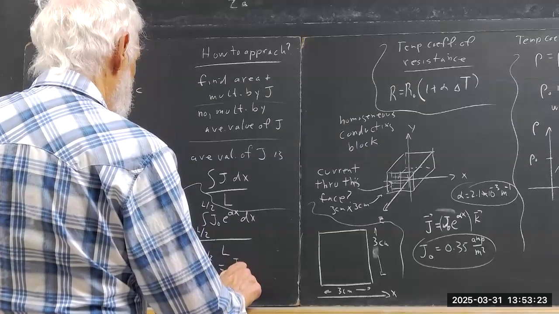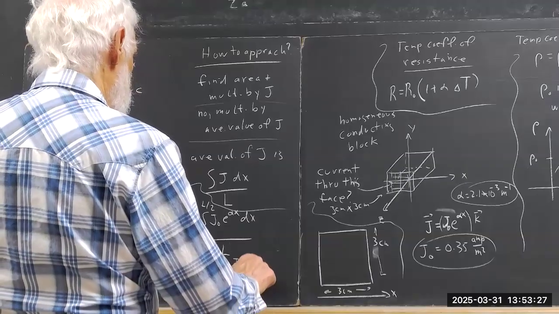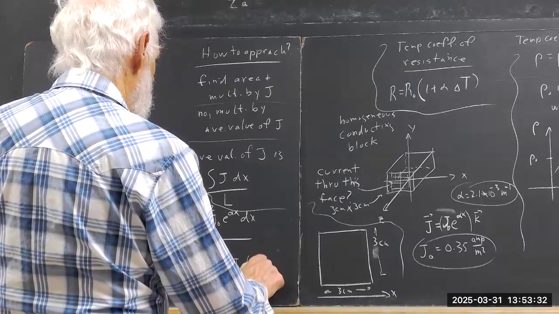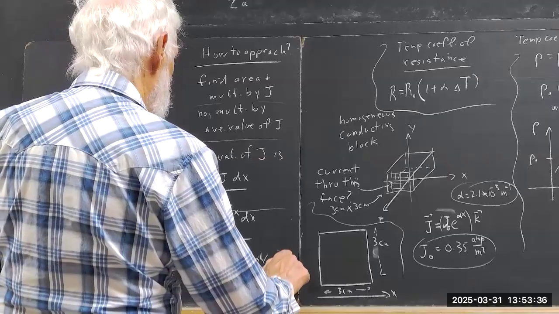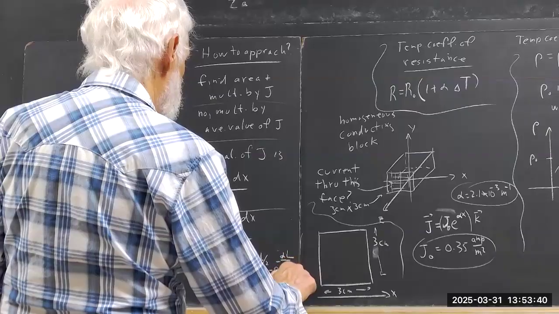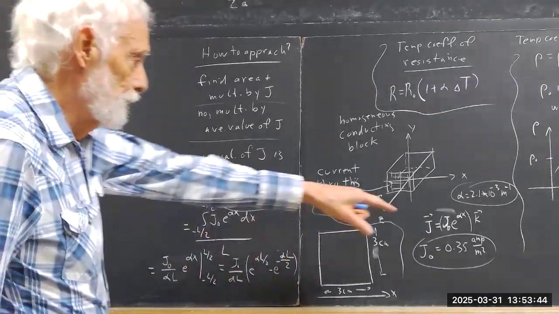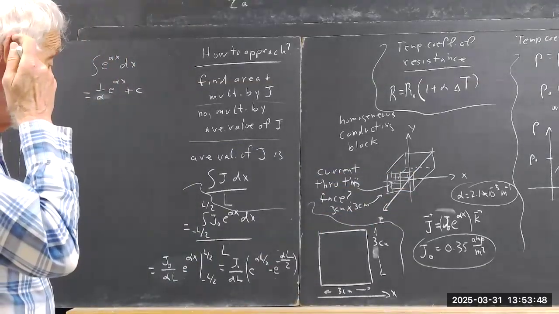That would be J naught over alpha L times e to the alpha L over 2 minus e to the negative alpha L over 2. And then, of course, alpha has a value of 2.1 times 10 to the negative third per meter.